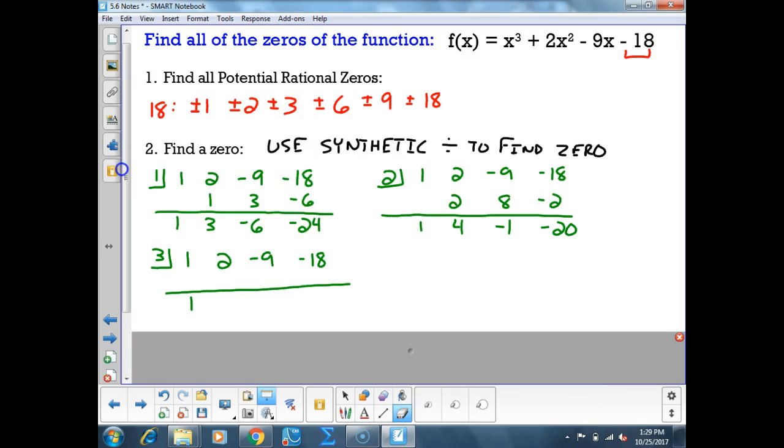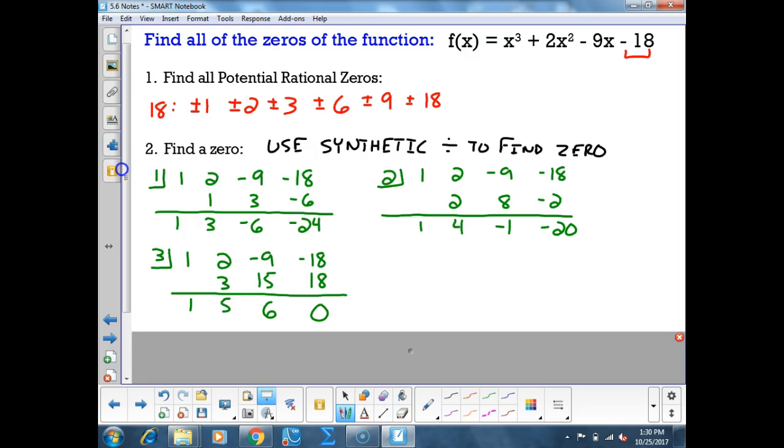1, 3, 5, 15, 6, 18. Oh, guess what? It's a 0, right? Okay.